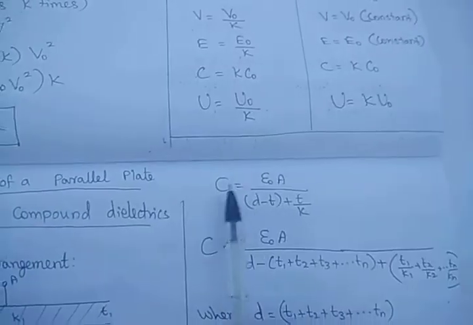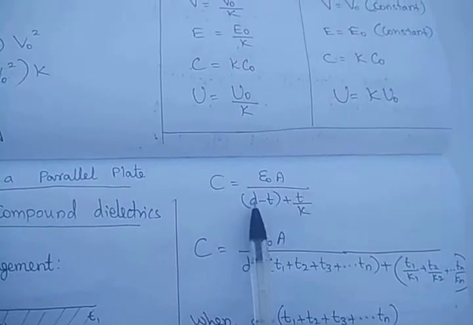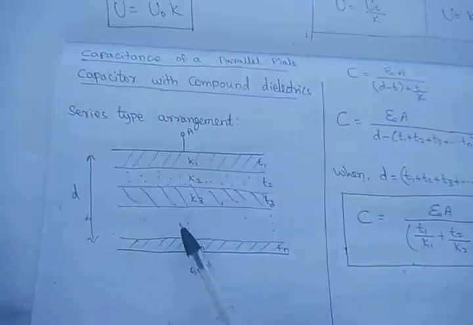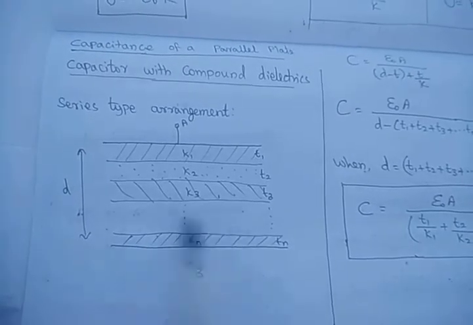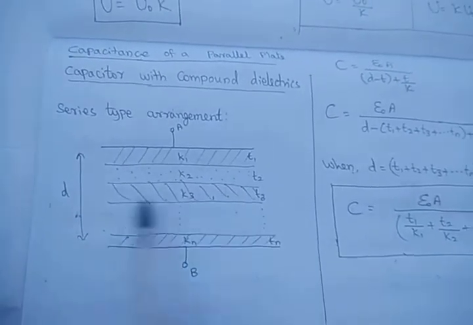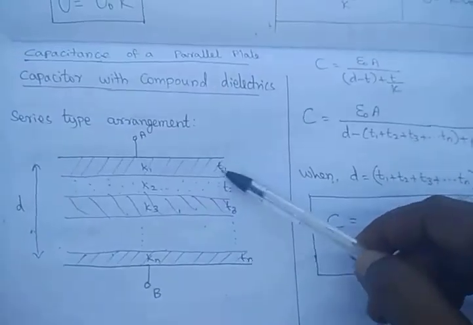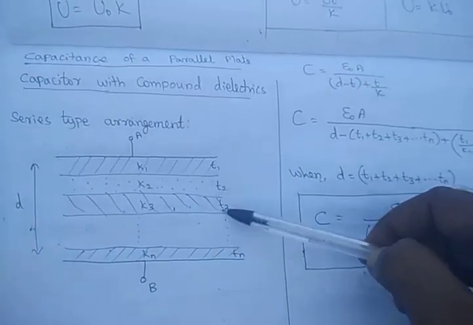As we know, the capacitance of the parallel plate capacitor when a dielectric slab is inserted is given by the formula C = ε₀A / (d − t + t/k). We derived this equation in the previous sessions. ε₀A is the same because A is the area, and the area of all the dielectric slabs is the same. But the d − t term is a combination of all the thicknesses, that is t1 + t2 + t3 up to tn.